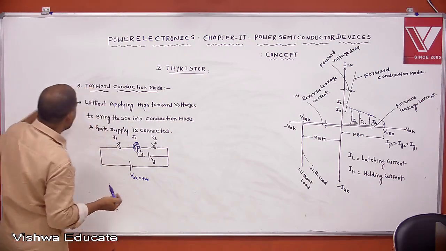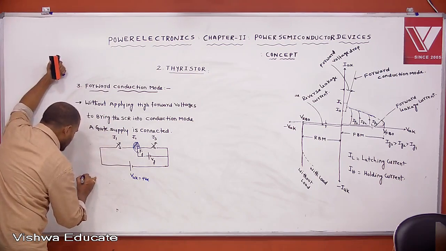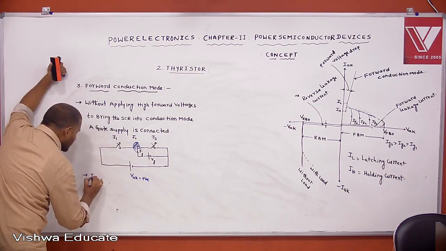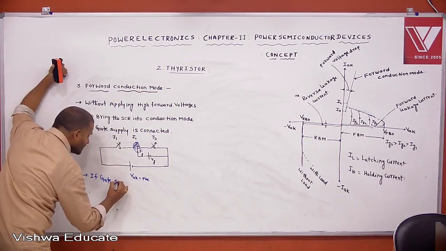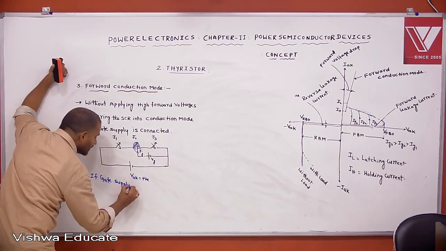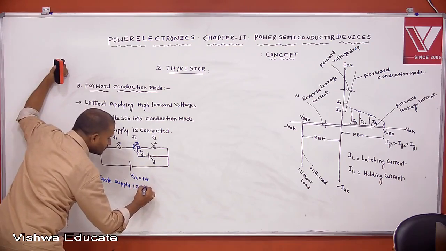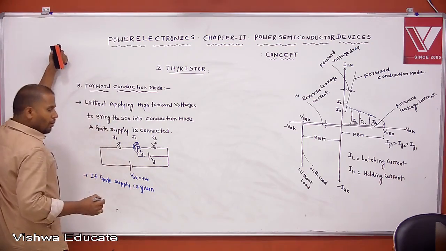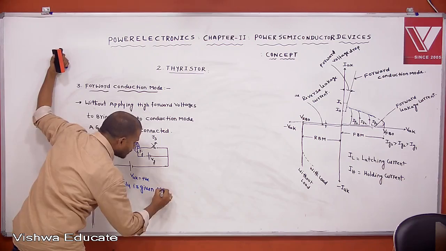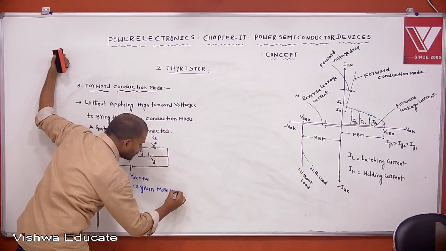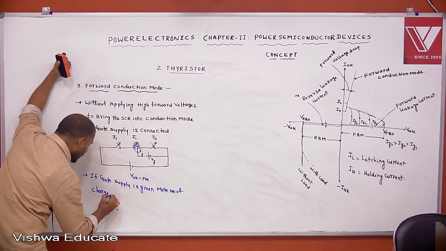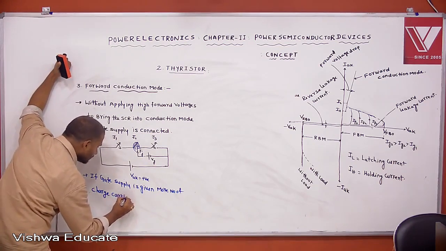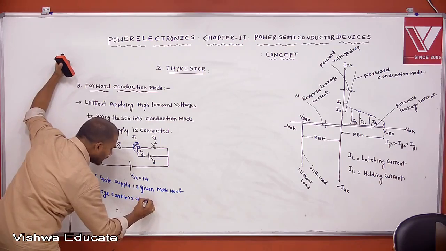That point you list out. If gate supply is given, more charge carriers are injected into the J2 junction.